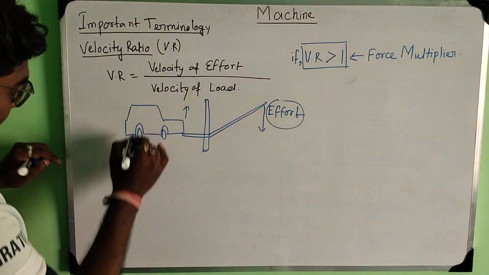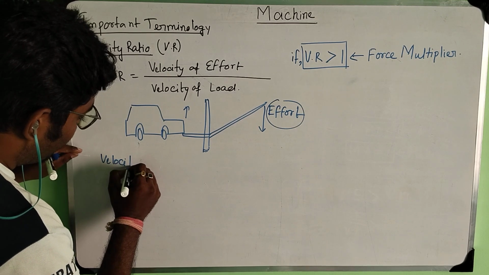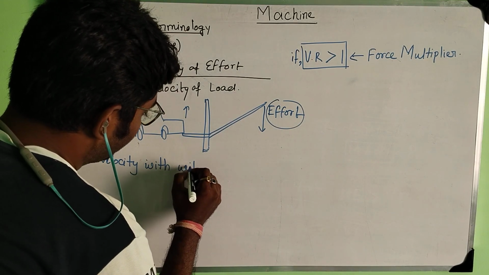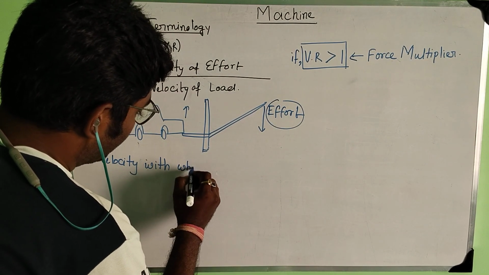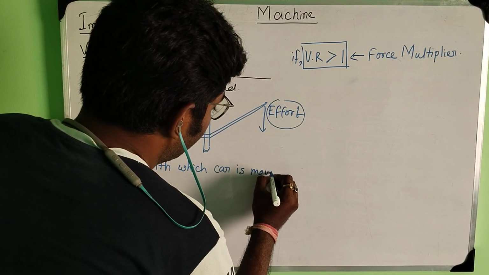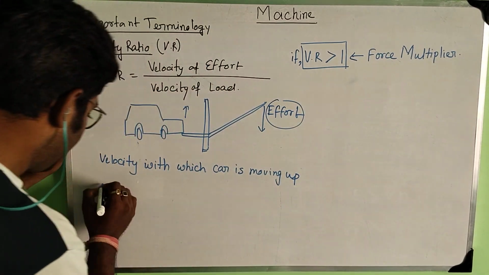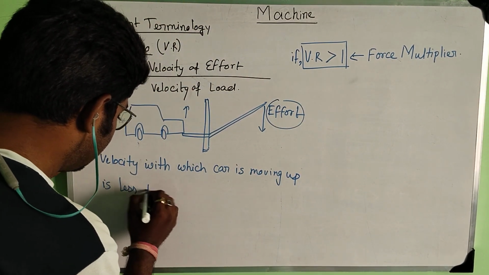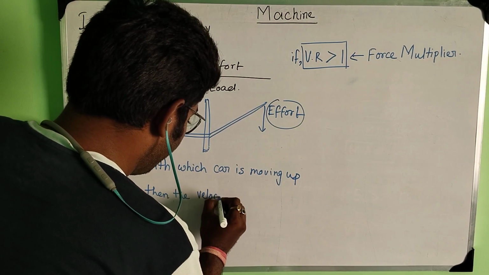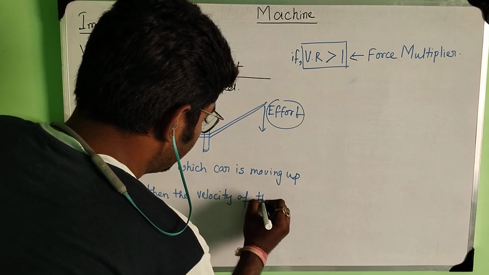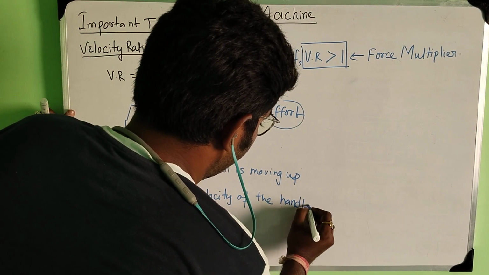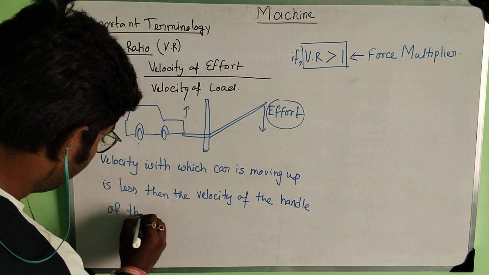In this case, the velocity with which the car is moving up is less than the velocity of the handle of the jack.